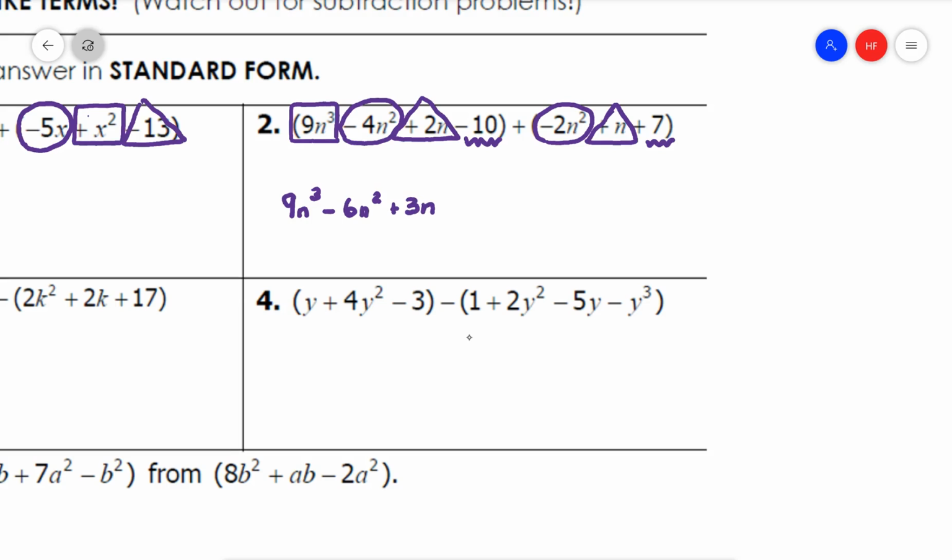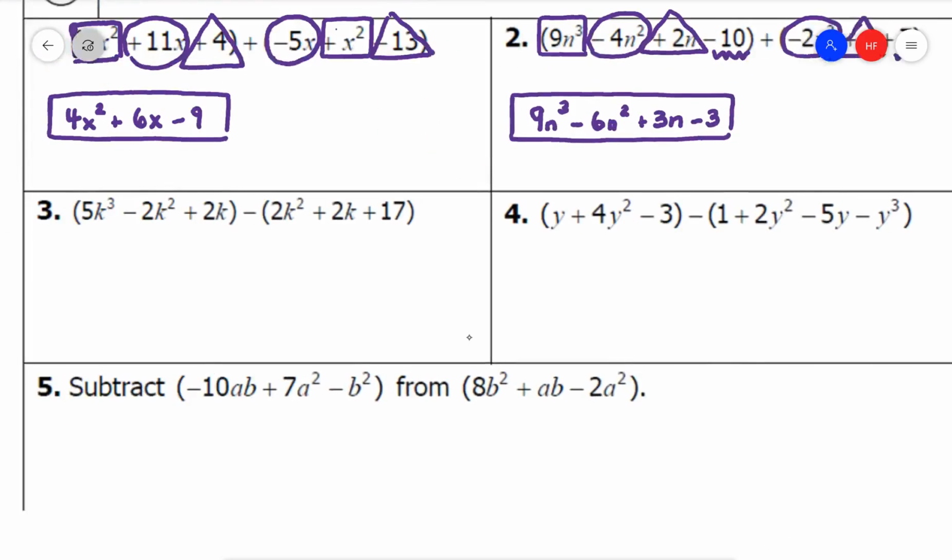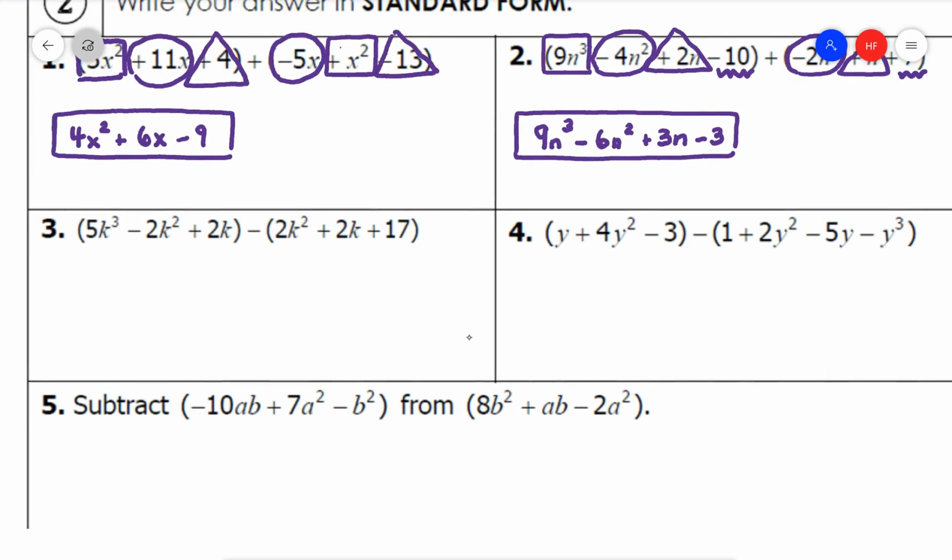And lastly is always going to be any constants that we might have. So minus 10 plus 7, which is negative 3. Combined all our like terms. We know we're in standard form since we went highest degree to lowest. That would be our final answer.